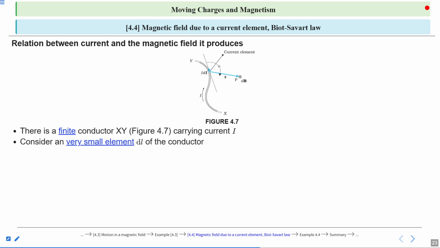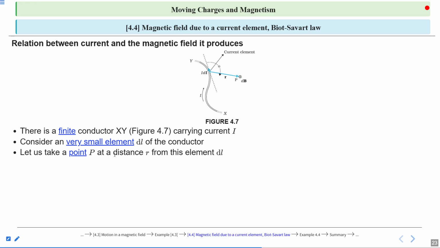Consider a very small element dl of the conductor. In the diagram also, where I dl is written, this blue colored arrow in the upward direction is the small element dl, and its direction is the same as the current.